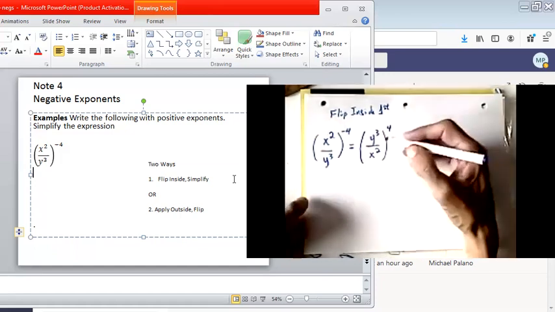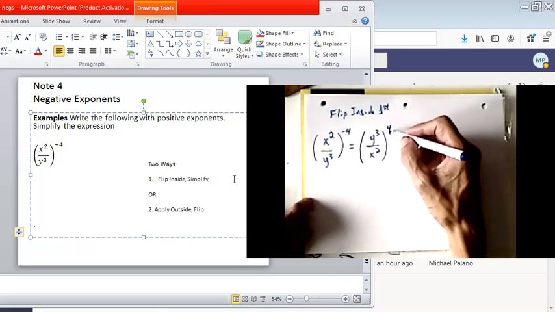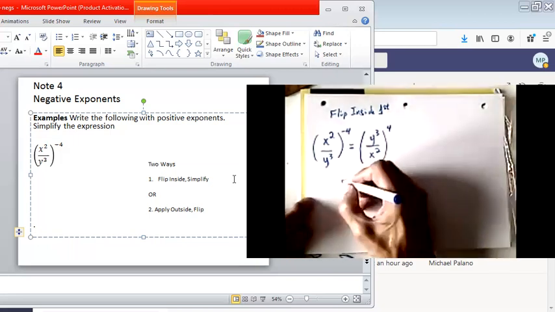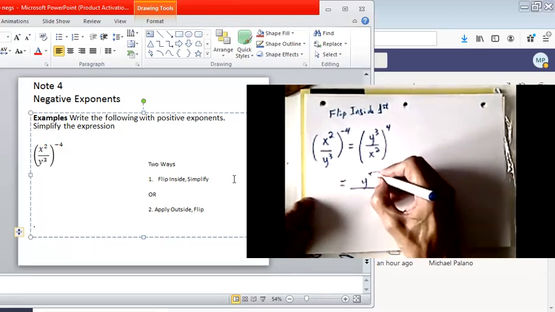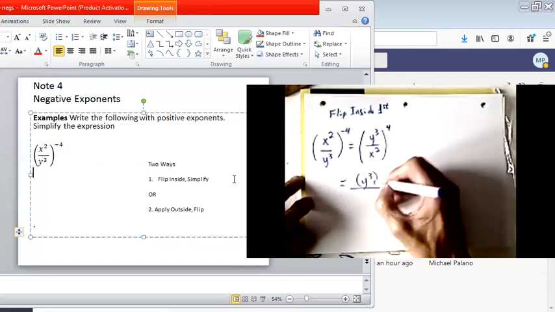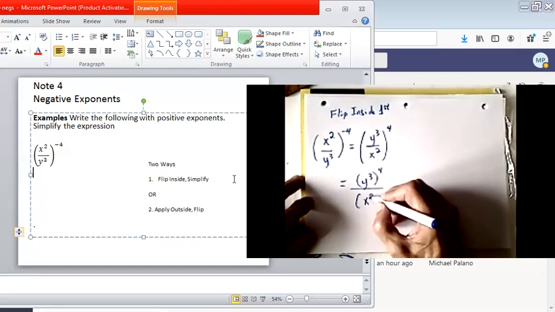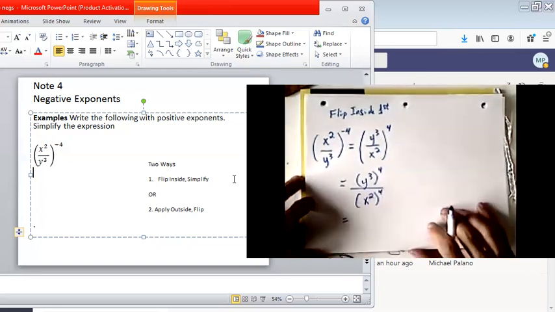Okay, and then it says simplify after that. So that means the exponent on the outside goes to each thing on the inside. So the top gets the exponent of 4, and then the bottom gets the exponent of 4 as well.